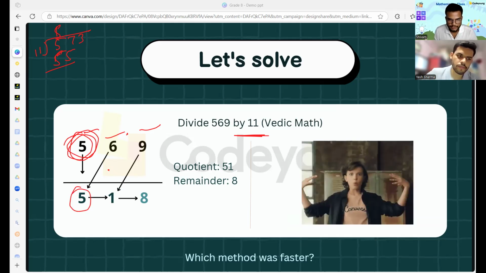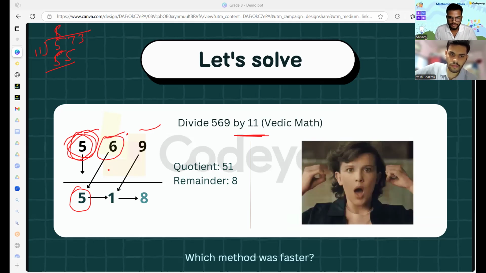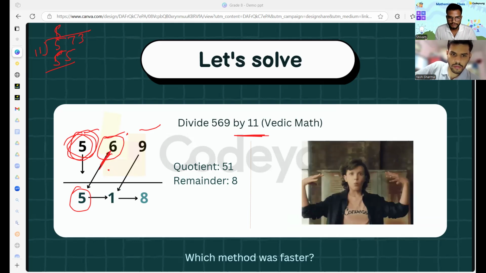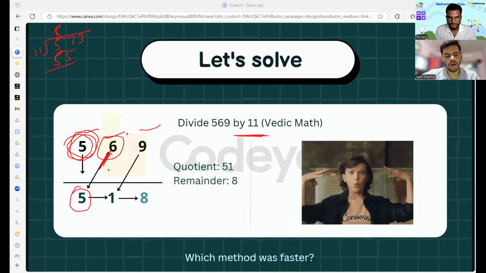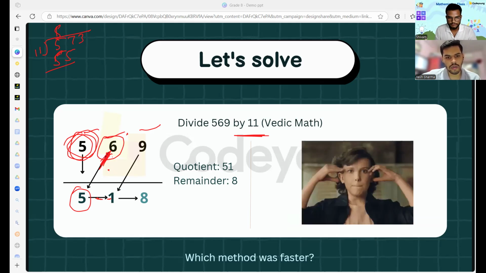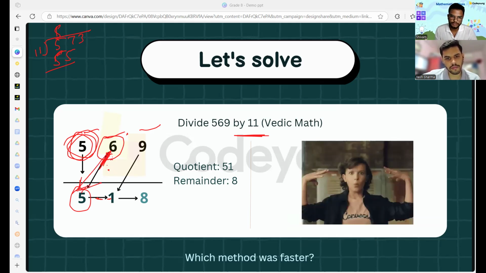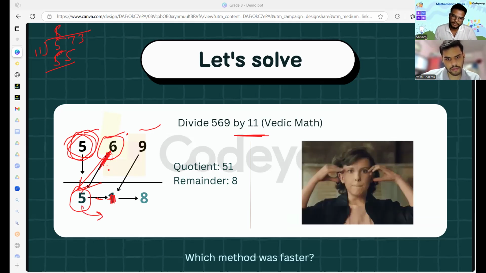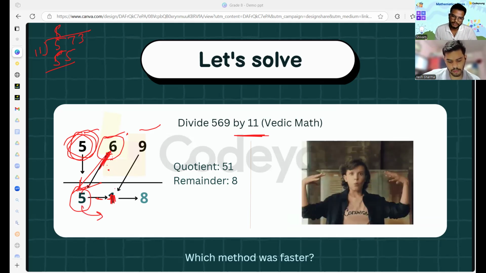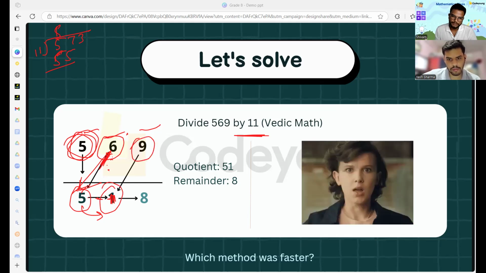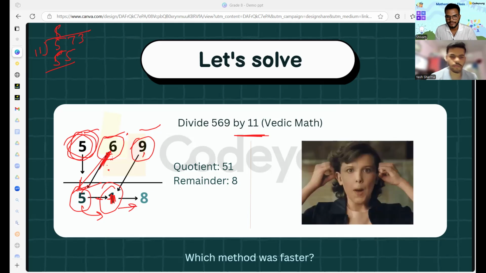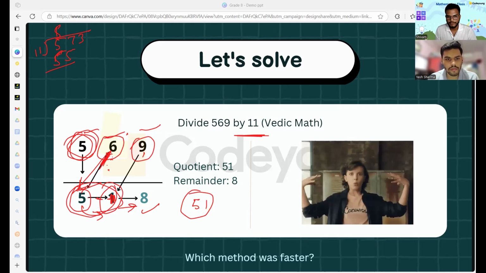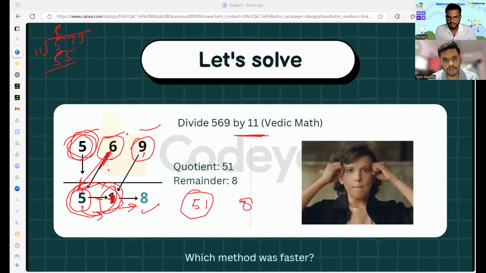And now the second number is going to be subtracted by 1, then write that next. If 6 is subtracted by 5, you will get 1. So write it next to 5. Again, subtract from the next number. 9 minus 1, what will you get? You will get 8. So write 51 separate from 8. This 51 will be the quotient and the remainder will be 8.